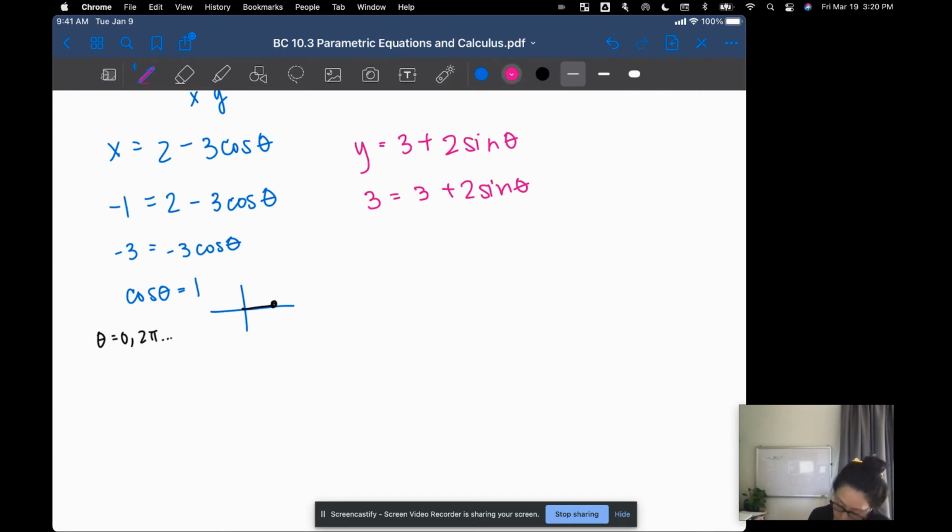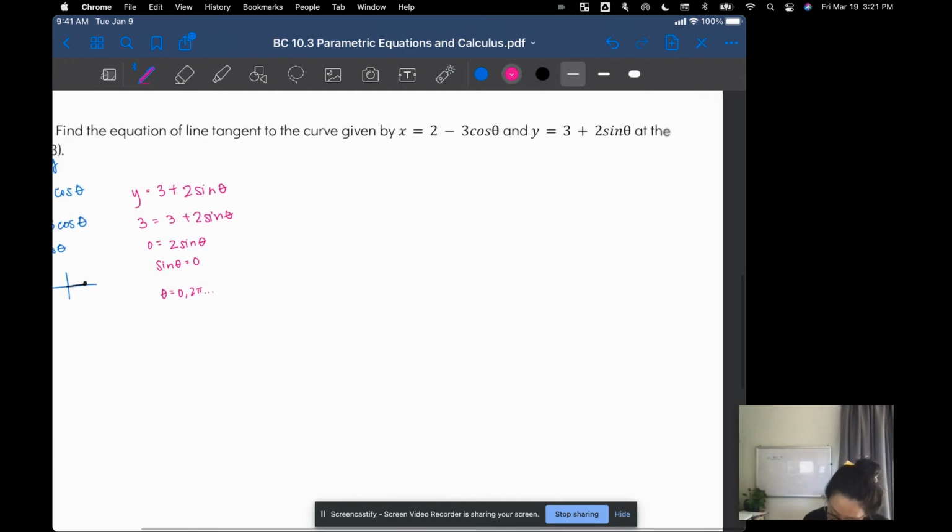All right, let's check out the y values, make sure they match up. So subtract 3, we get 0 is equal to 2 sine theta. Sine theta is equal to 0 when theta is equal to 0 and 2π. Okay, so this point is on the curve. That's the first thing we got to do.